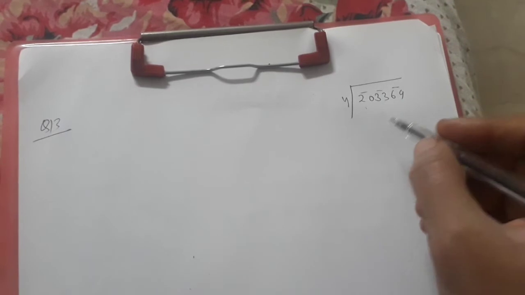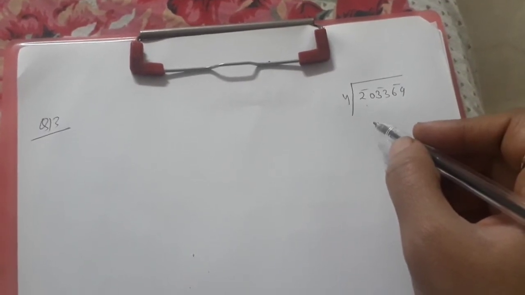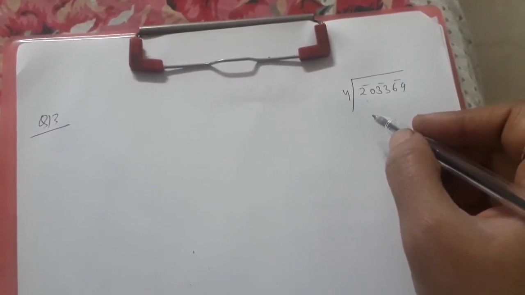Here it will go by 4 only. So we find the square root by the long division method.